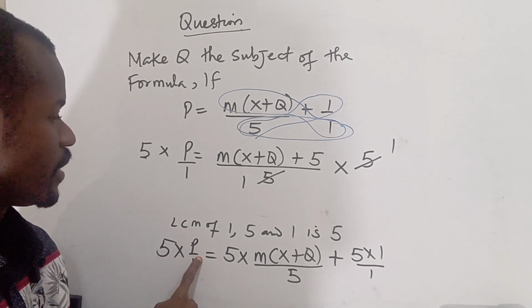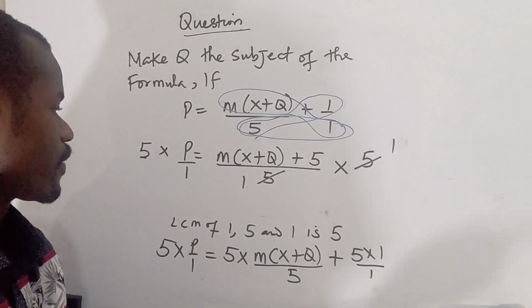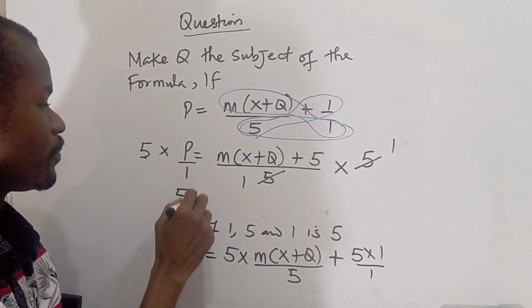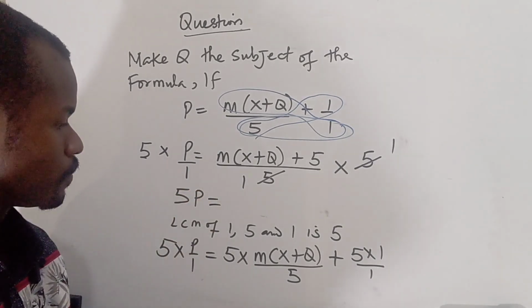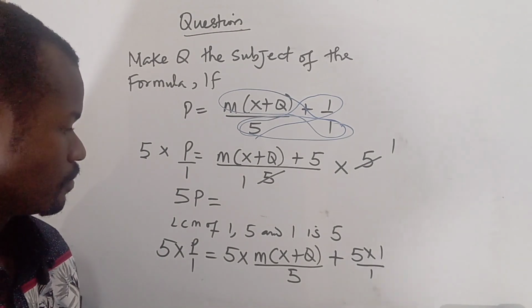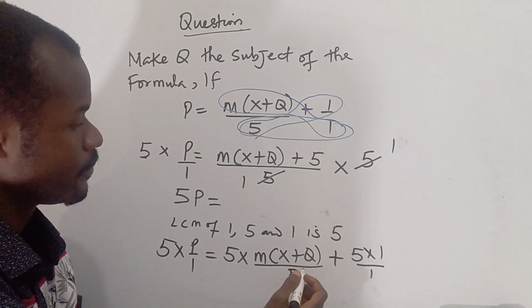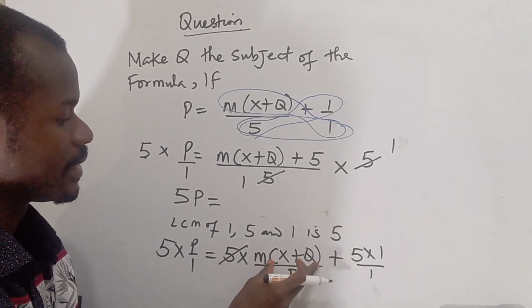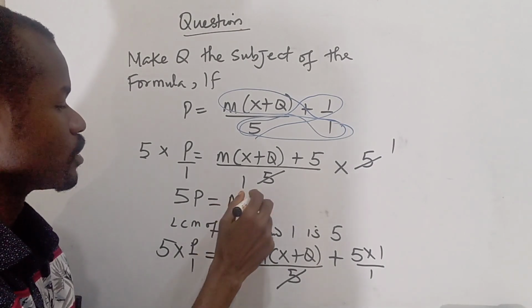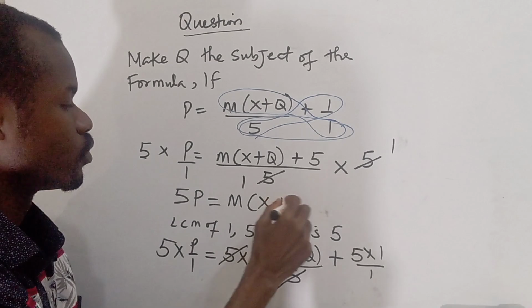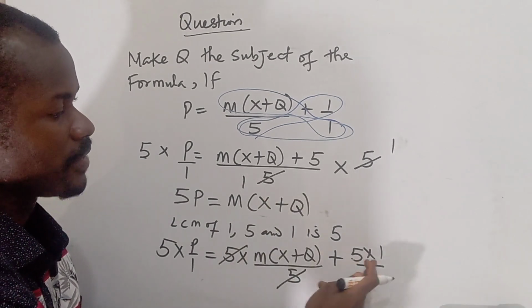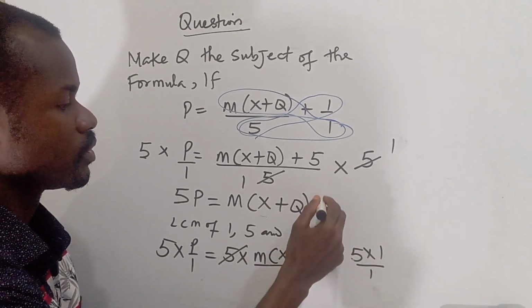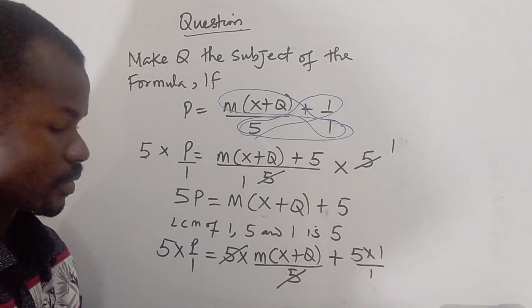So 5 times P here is going to give us 5P. So I have 5P, which is equal to, now here 5 is going to cancel 5. So we are left with M multiplying this. So I have M multiplying X plus Q. And 5 times 1 is also plus 5. Alright.